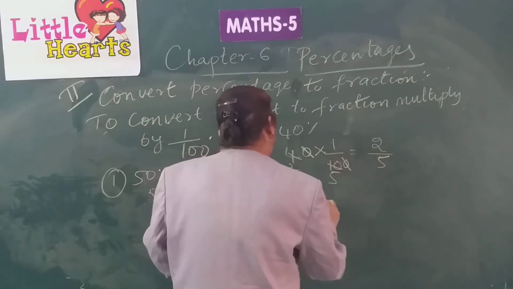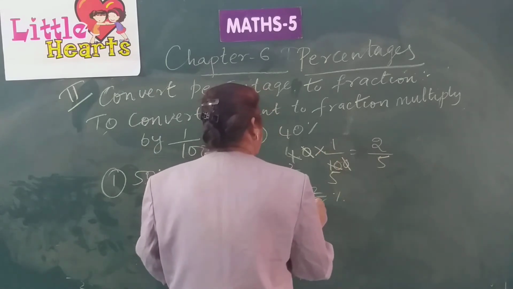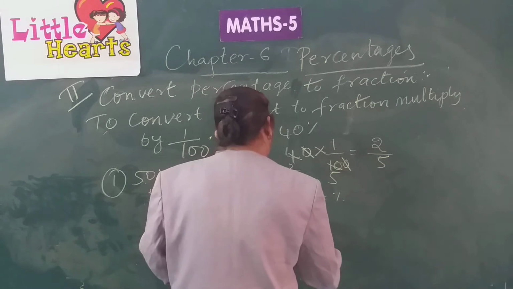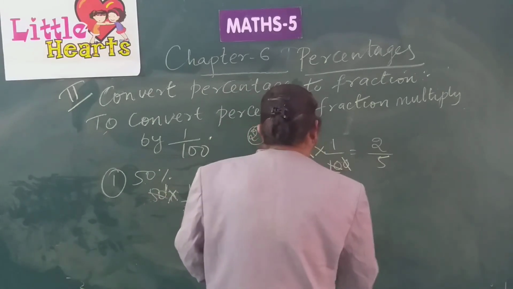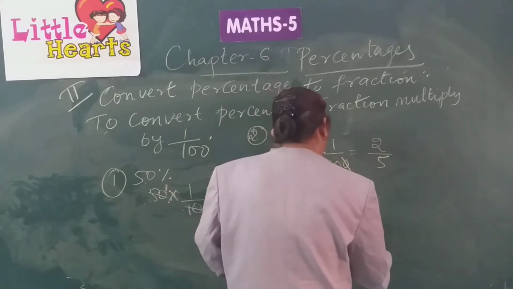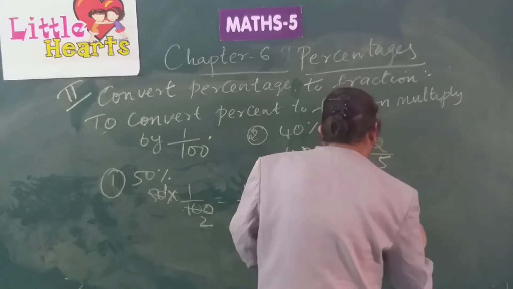15 2 by 8%. 15 into 8 plus 2 by 8. 15 8s are 120 plus 2 by 8. 122 by 8.